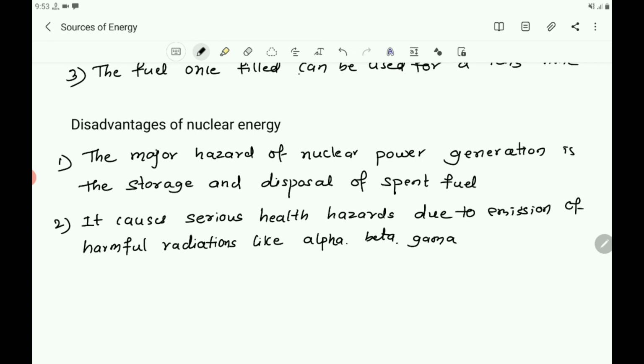These are some disadvantages of nuclear energy.